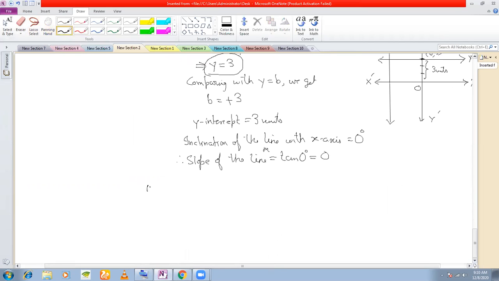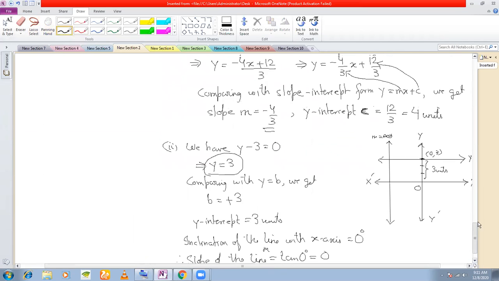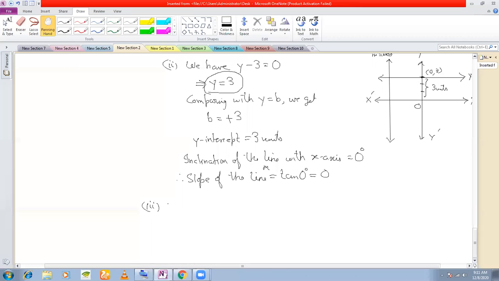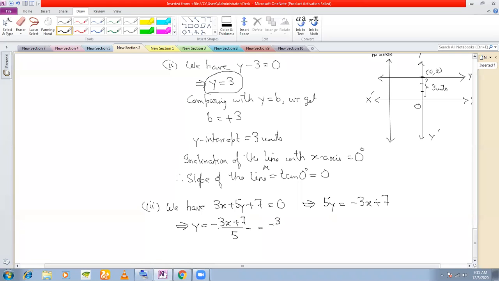So the next equation that we consider is 3x plus 5y plus 7 is equal to 0. Again, we want to write this equation in the form y is equal to mx plus c. So we write 5y is equal to minus 3x minus 7. That means y is equal to minus 3x minus 7 by 5, which is minus 3 by 5 x minus 7 by 5.